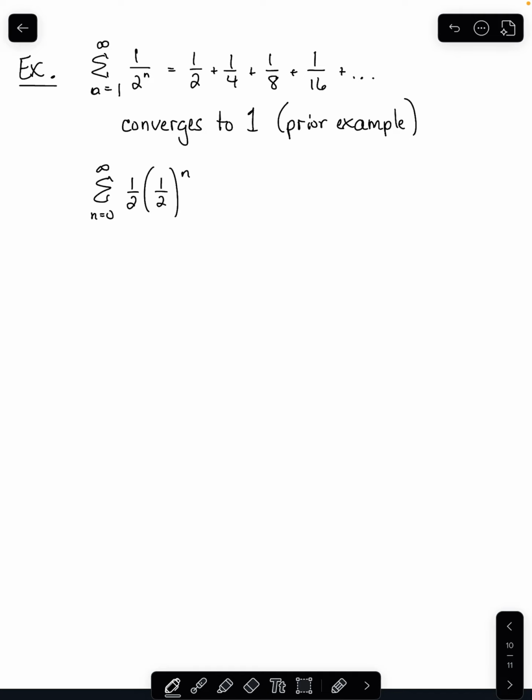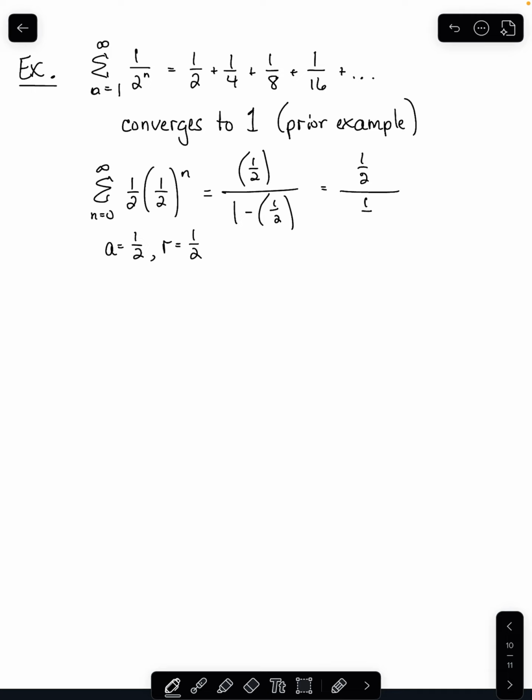This, however, is in the form of a geometric series where a is equal to 1/2 and r is equal to 1/2. According to the sum of a geometric series, then, this should be equal to a over 1 minus r.